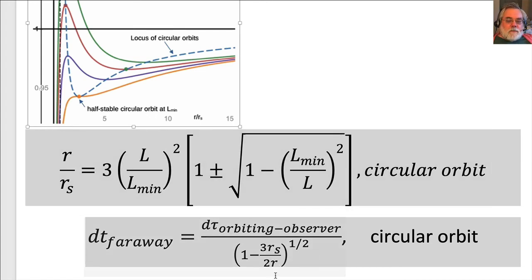As r approaches 1.5 Schwarzschild radius, this fraction gets closer and closer to 1. 1 minus it becomes closer and closer to 0, and the time dilation that the faraway observer sees approaches infinity.